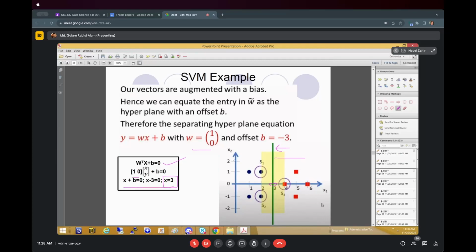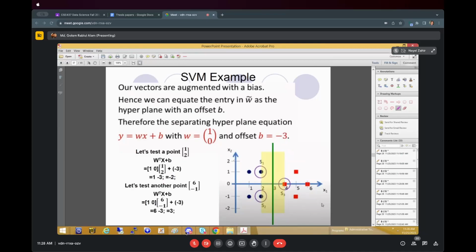Okay, and now next, maybe we have some test points and we want to find out the class labels of those points. For that, we have to place our data point in our line. This is the line we have, W transpose X plus B, that is the hyperplane.